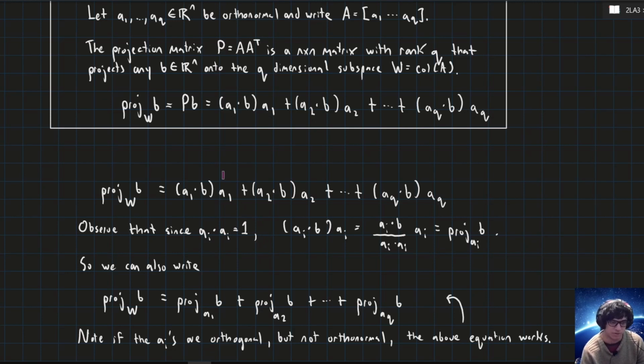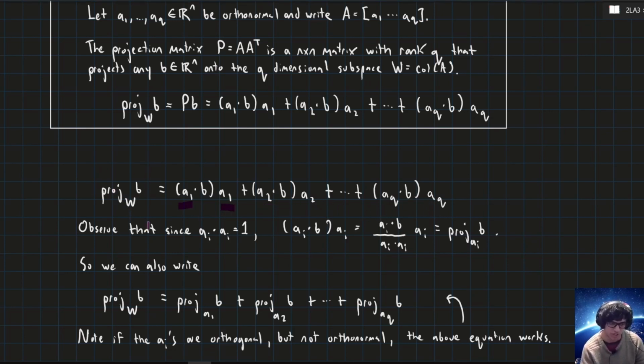So each of these is equal to the expression we have up here, divided by Ai dot Ai, and since this is just equal to 1, this and this are the same expression. But what is this here? This is just the projection of b onto Ai. So each one of these is the projection of b onto Ai.